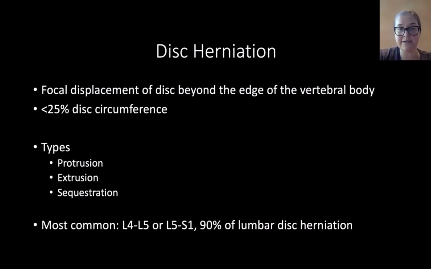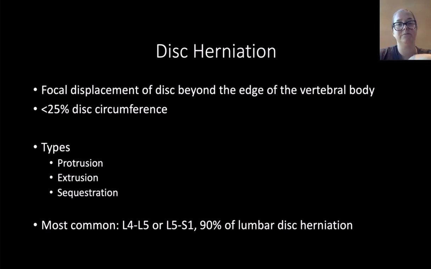A sequestrated disc or sequestration is technically a subtype of disc extrusion. But again, you can say just disc herniation, but you do give a bit more information if you describe what type. A disc herniation, by definition, is displacement of disc beyond the edge of the vertebral body, but it's less than 25% or 90 degrees in the disc circumference.